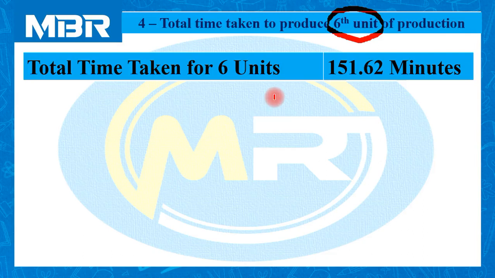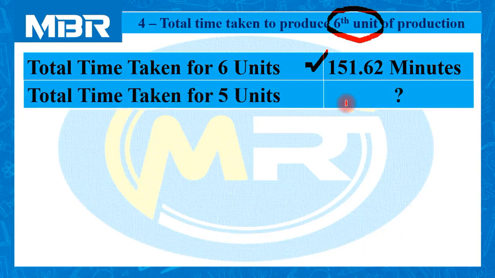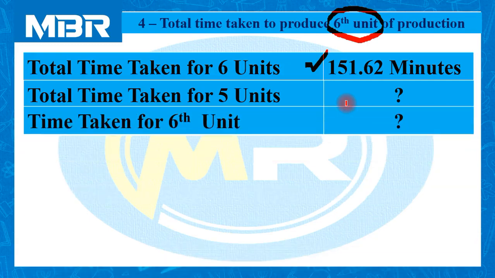Total time taken for 6 units that we have completed just a few minutes ago is 151.62 minutes. And total time taken for 5 units, we don't know. But for the requirement of this question, we need to calculate total time taken for 5 units.